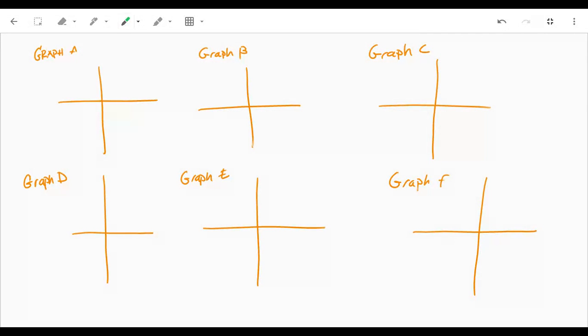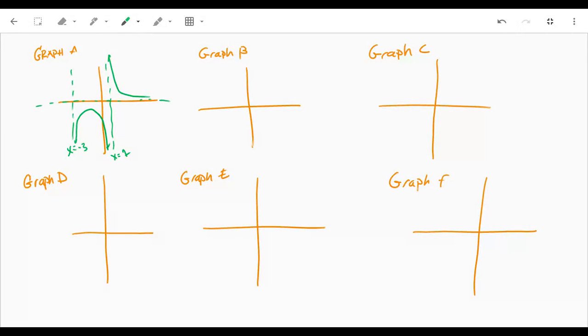Okay, graph A has an asymptote at x equals -3, x equals 1, along the x-axis. And then it has a function that goes like this, this, and this.